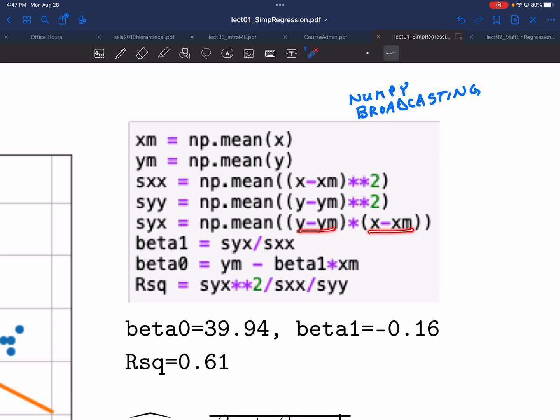NumPy is smart enough to know you can't multiply a vector times a vector, but you can multiply them element-wise. In NumPy, the single asterisk represents an element-wise multiply. This is very different than in MATLAB, where a single asterisk is a matrix multiply, and for an element-wise multiply you have to use dot star. In Python it's reversed: star is element-wise by default, and if you want a matrix multiply, you have to do something a little different. It's not a dot star, but there are a couple of other options. We'll get into them.